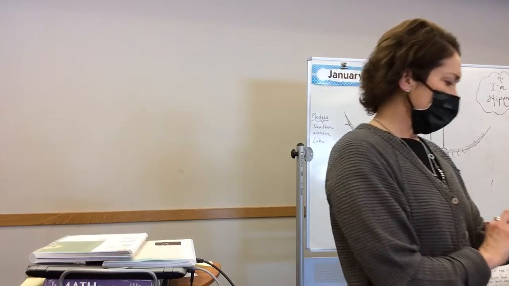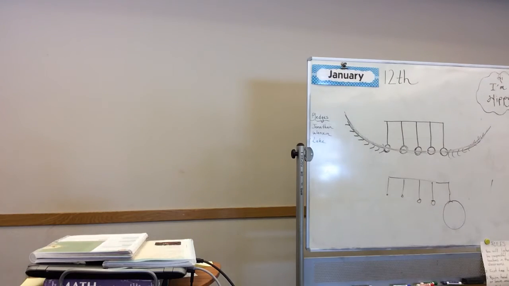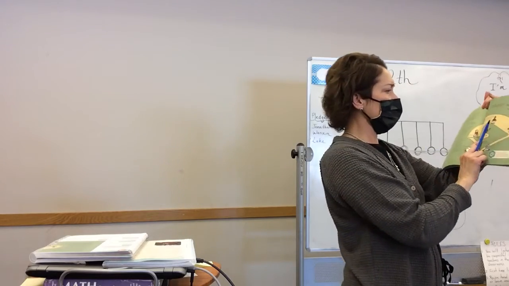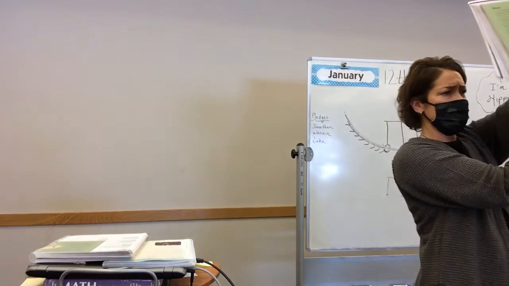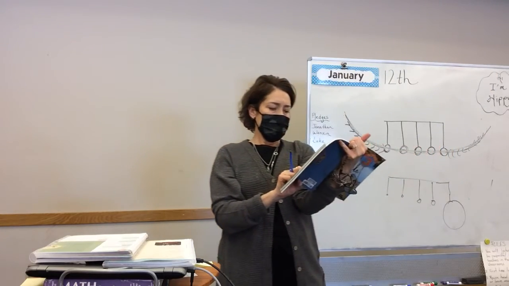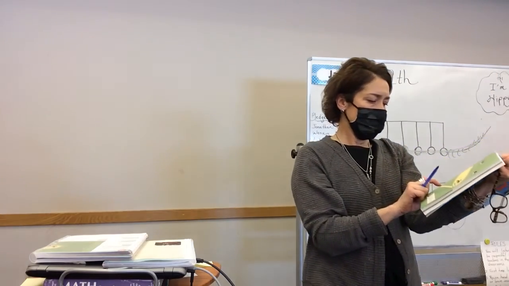What does it say underneath? Do you guys have that? Underneath each of these little people, there is something said. Jonathan, what does it say with the picture? Motion can be described by what direction an object travels.